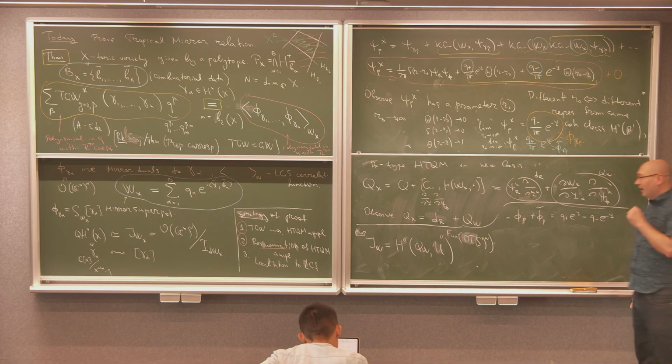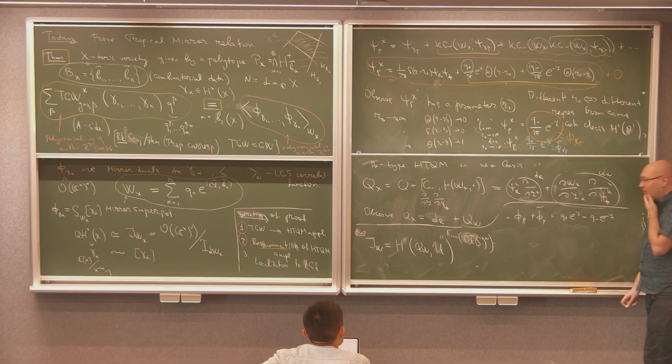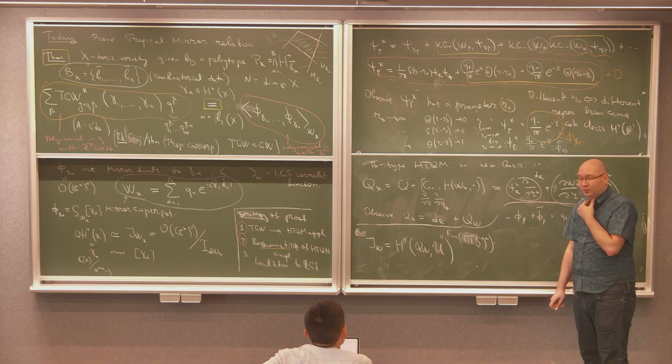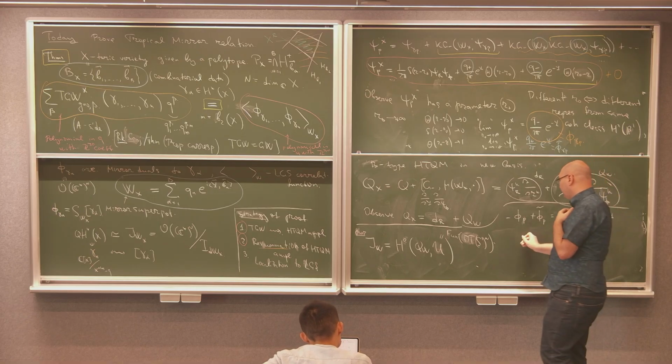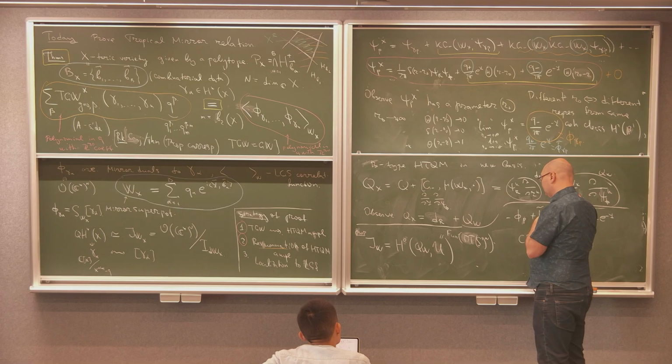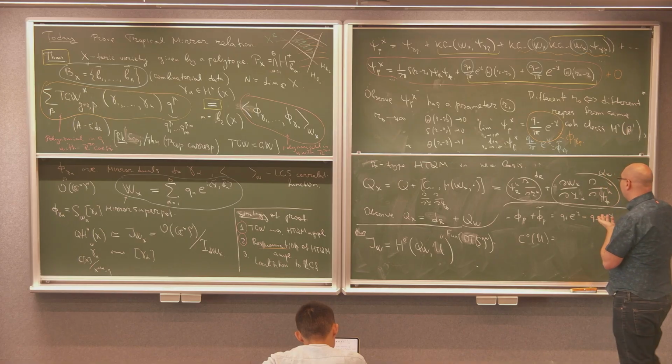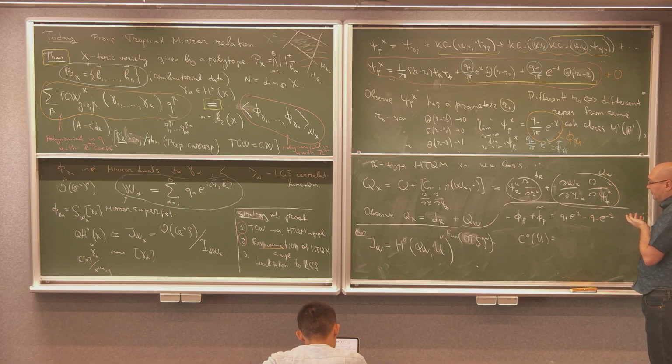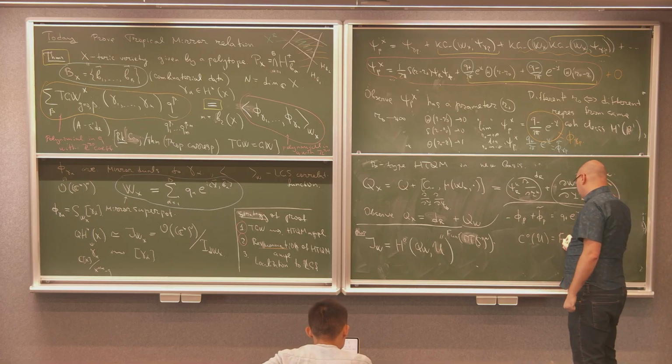H naught. So zero cohomology means it's cohomology on zero chains. So zero chains are just functions.